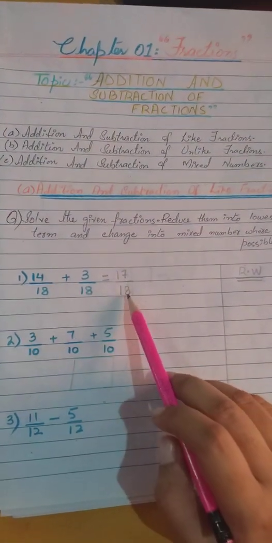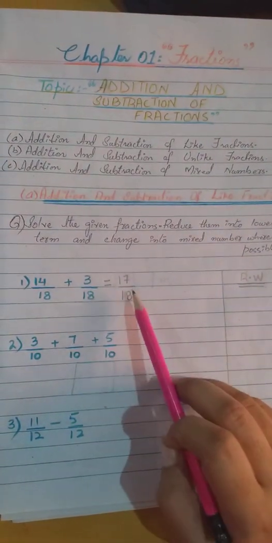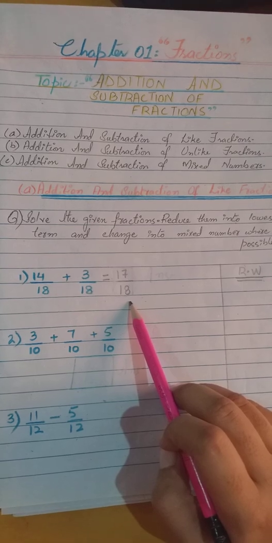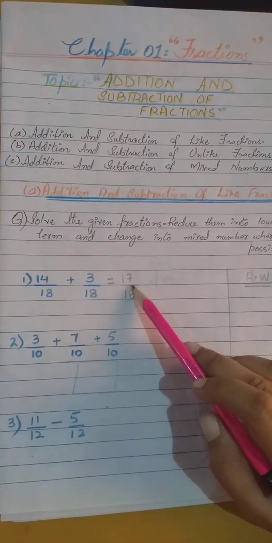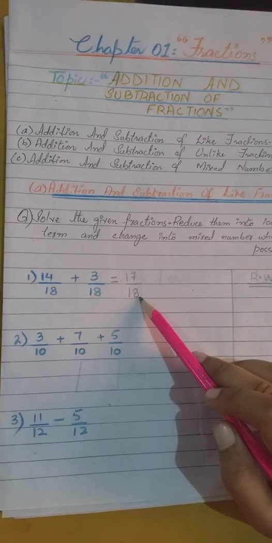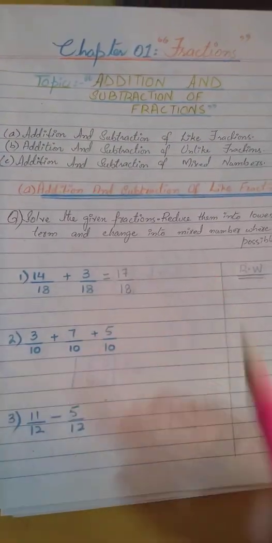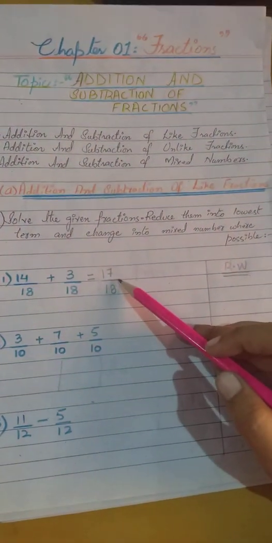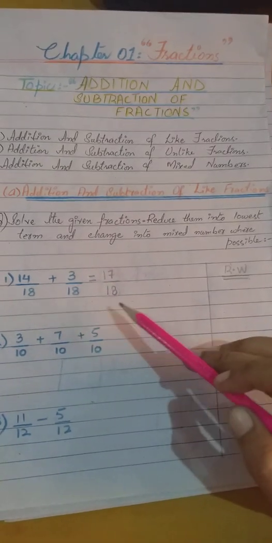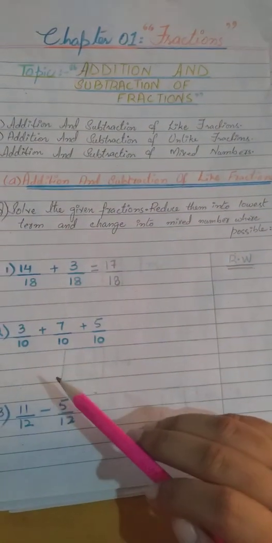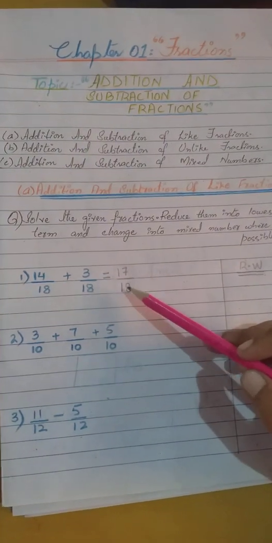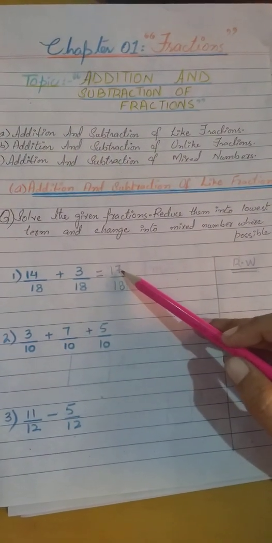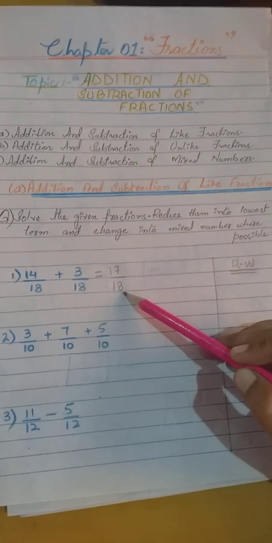After addition, we will check whether it can be converted into its lowest term or not. Students, look carefully. 17 upon 18 is a fraction that cannot be converted into a lower term because it is already in its lowest term. Or you can say we don't have any divisor that can divide both numbers together.